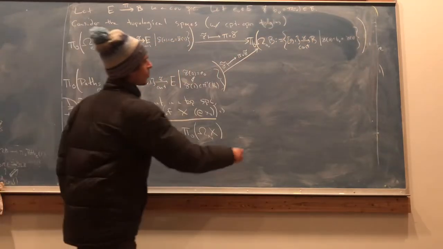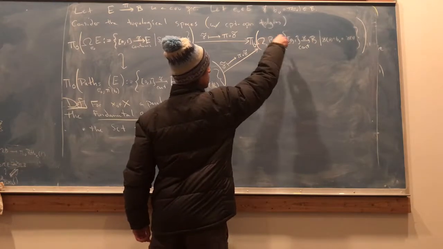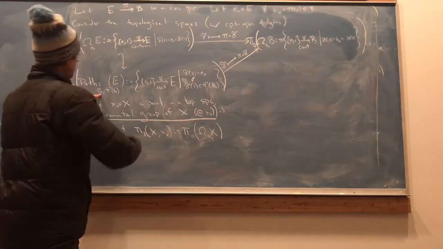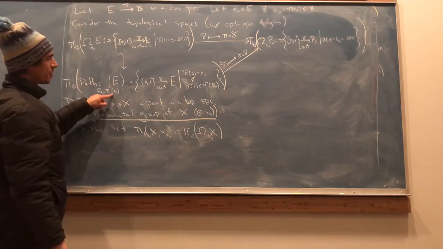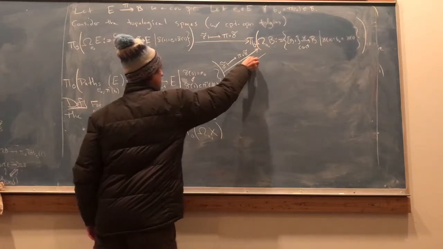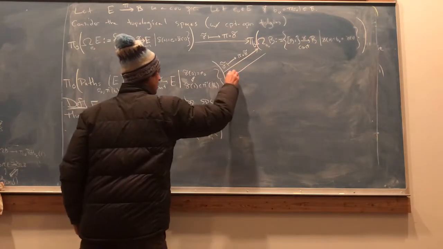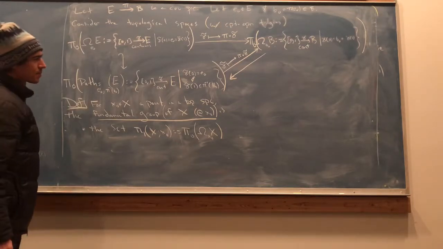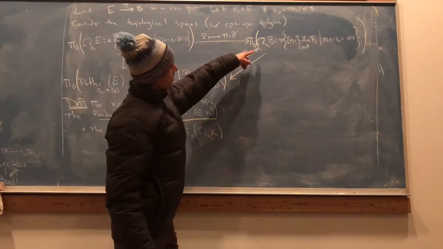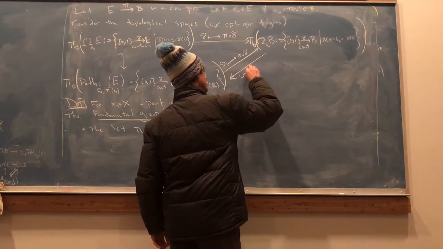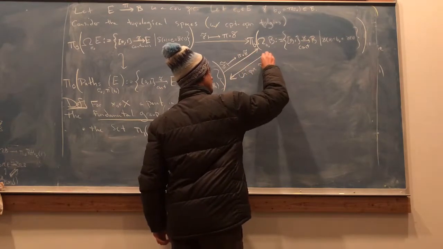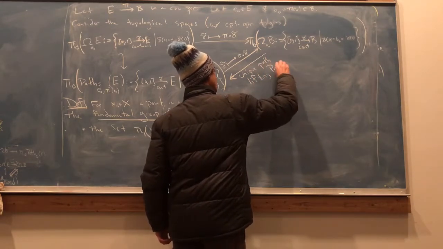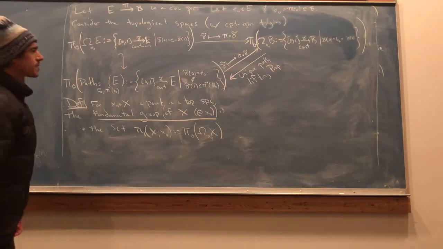And the unique path lifting property gives that each loop in here lifts to a path in E starting at e naught and ending somewhere in the pre-image of b naught. And that assignment does not depend on the path components in that base loop space. So we get that this map, by the unique path lifting property, has an inverse.